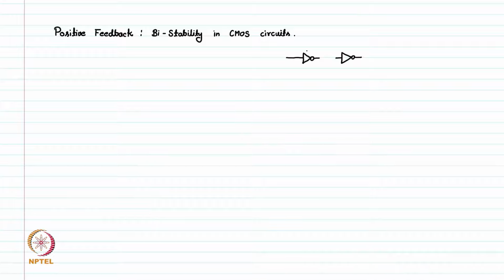So let's say this is my first inverter, this is my second inverter. The output of first is connected to the input of second, and the output of second is fed back to the input of 1.